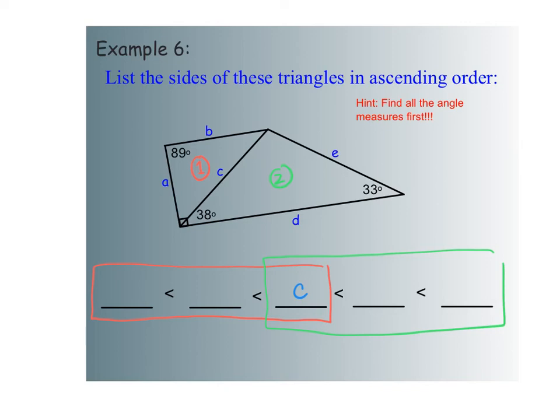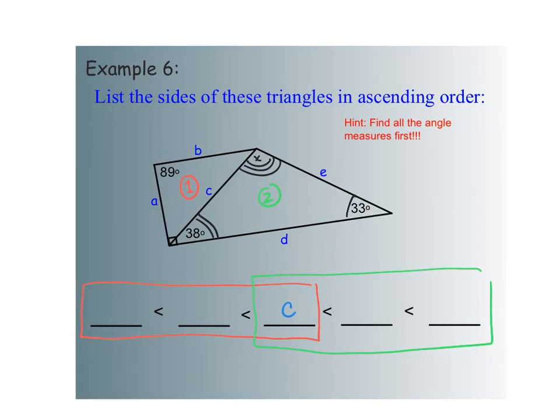So let's look at triangle 2 first. I can see I've got an angle of 33 here. I've got an angle of 38 here. And I'm going to call this angle right here X. I'm going to make a pretty safe assumption that X will be a different measure than 33 and 38.